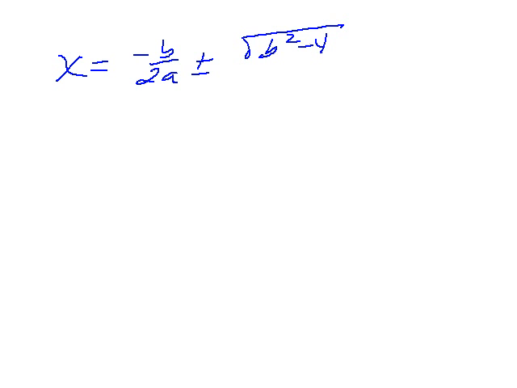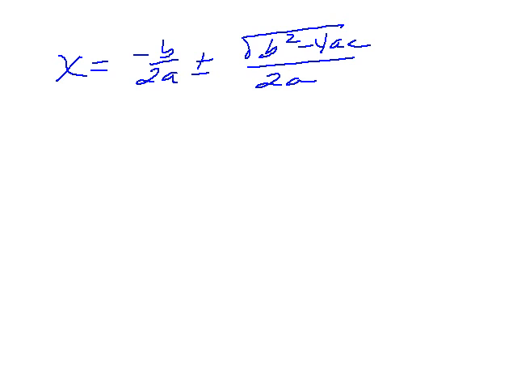It allows us to figure out whether our roots are going to be two real distinct roots, two real equal roots, or complex conjugates. And to do that, let me write it up here again: minus b over 2a plus or minus the square root of b squared minus 4ac all over 2a.